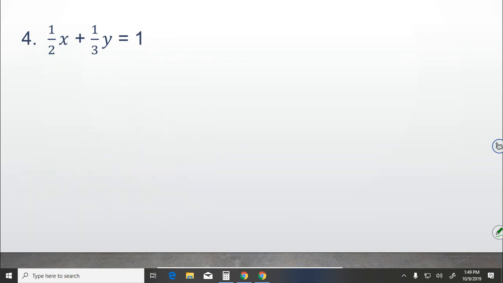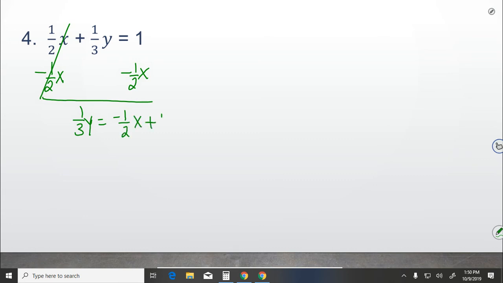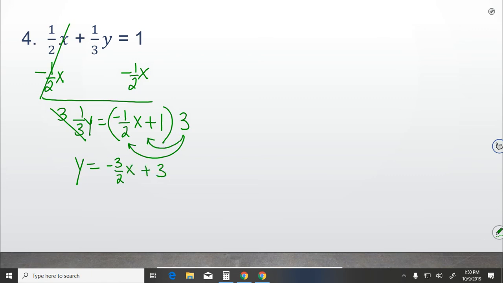Okay, so number 4, now we have some fractions, but we still are going through the same process of just getting y by itself by doing inverse operations. So we subtract 1/2 x from both sides. That leaves me with 1/3 y equals negative 1/2 x plus 1. Multiply both sides by 3. So I get y equals negative 3/2 x plus 3.